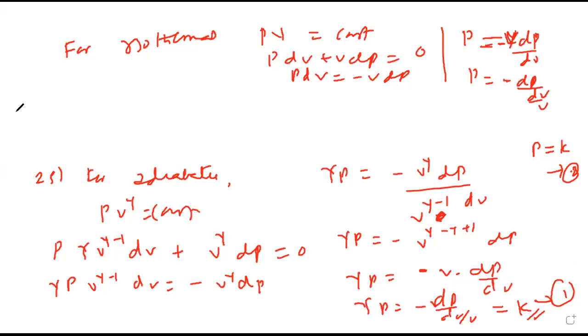As I said, I know that bulk modulus K is gamma P in case of adiabatic, and it is P in case of isothermal. So if you take the ratio of these two, I will get slope of adiabatic and that of isothermal, gamma is to 1. This is how I remember. So the answer is gamma is to 1 or only gamma. 25th, option A.